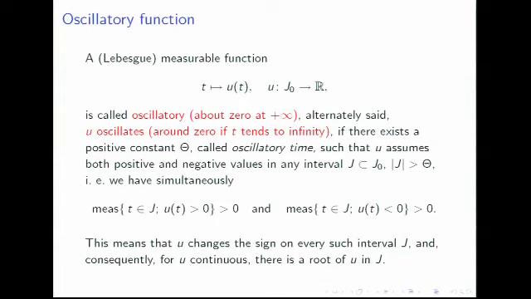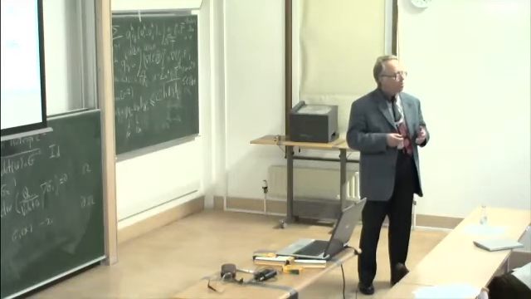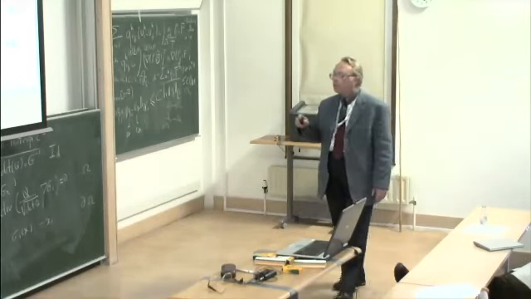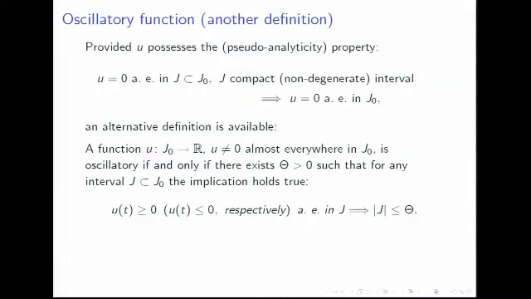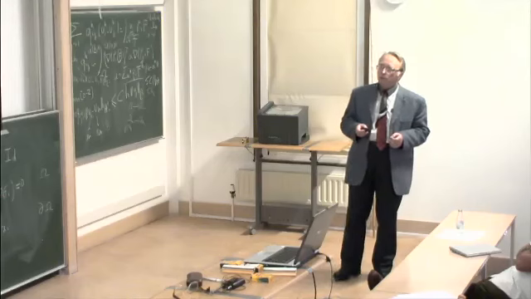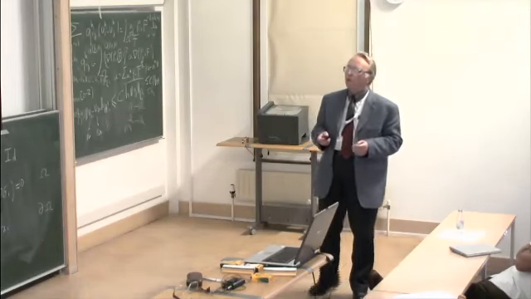This means that u changes sign on every such interval J, and consequently, for u continuous, there is a root of u in J. Under a very general situation, we have another equivalent definition, which says that if a function is non-zero, then it is oscillatory if and only if the following implication holds.